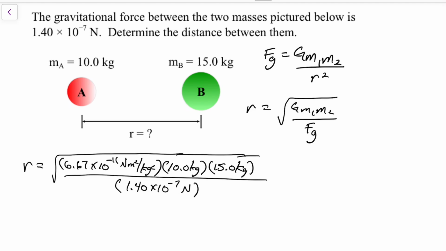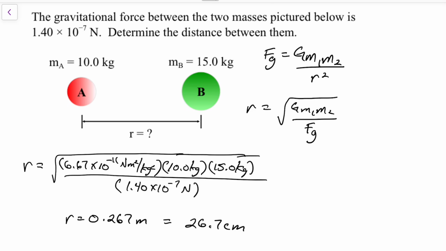And we take note that, yeah, that is a really small force. A 10 kilogram mass and a 15 kilogram mass don't generate very much force between them because gravity is such a weak force. So anyway, you end up getting 0.267 meters, or in centimeters, 26.7 centimeters apart.